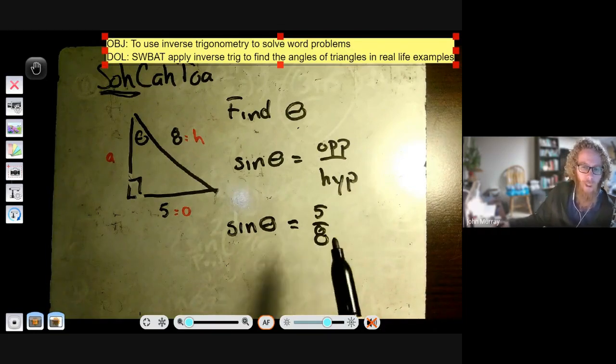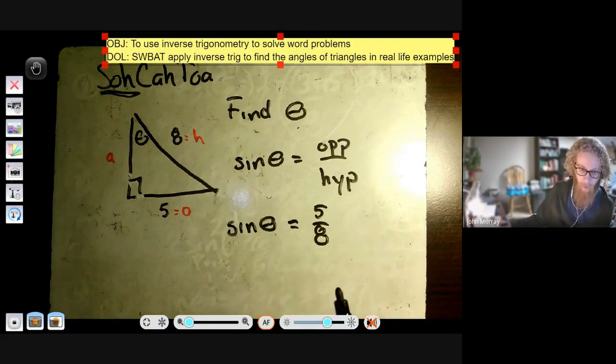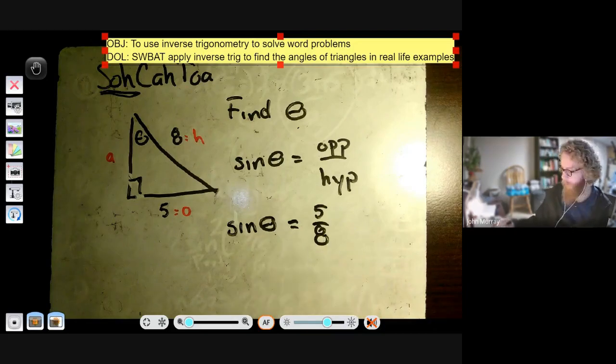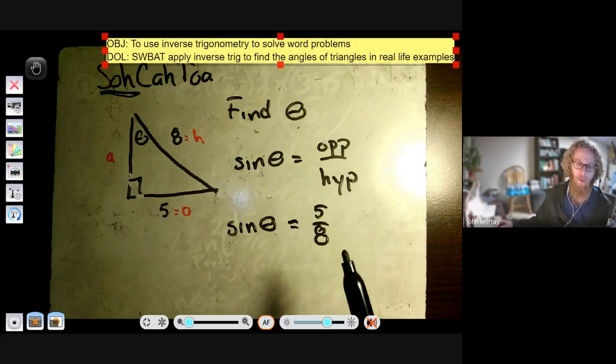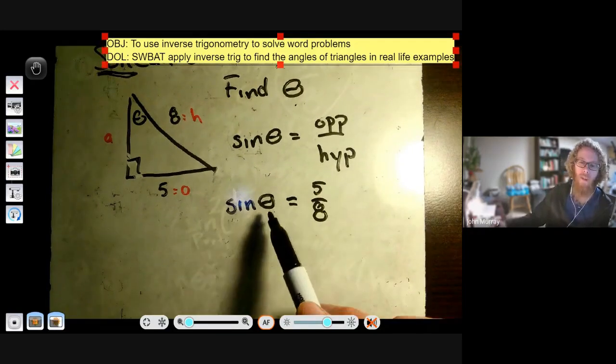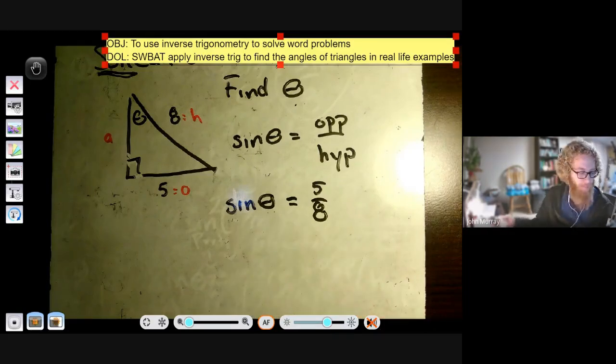Honestly, it depends on what you're using as a calculator and what's easier to plug in. If you have an easy way to do fractions, then use that. If you don't like punching fractions into your calculator, then make it into a decimal. Now we want to find our theta.